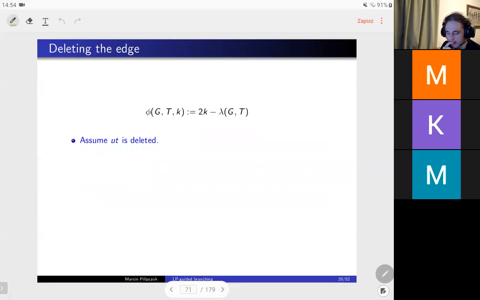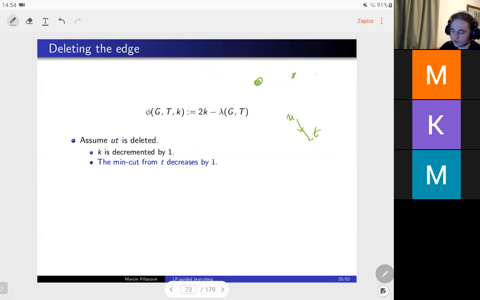Good. So let's look at the branch when we delete the edge. Let's recall that we are looking at this: 2k minus the sum of CIs, halved. So we delete this edge. What happens? K gets decreased by 1. We have this terminal t and we delete this edge ut, and there are other terminals up here.